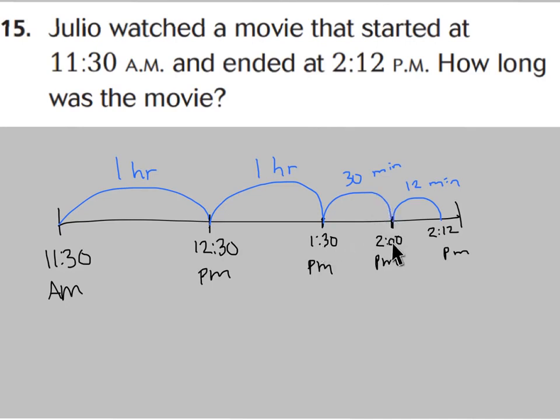That took me up to 2 o'clock, which would be 30 minutes. And from 2 o'clock, I added 12 extra minutes, which took me to 2:12. So if I were to add this up, I would have 1 hour plus 1 hour would equal 2 whole hours. And then let's add up our minutes. 30 plus 12 would be a total of 42 minutes. So the movie lasted 2 hours and 42 minutes.